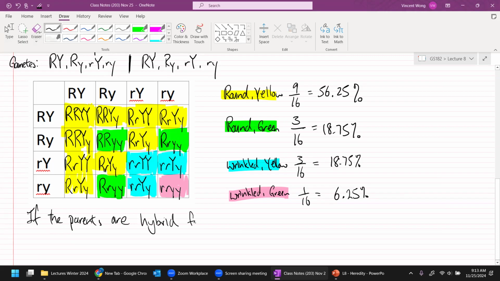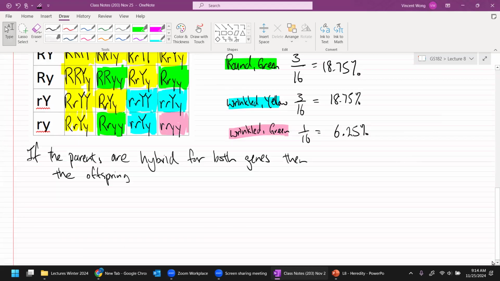If it's hybrid for both genes, then the offspring, like their kids, right? Their offspring, then the offspring will follow the 9:3:1 ratio.